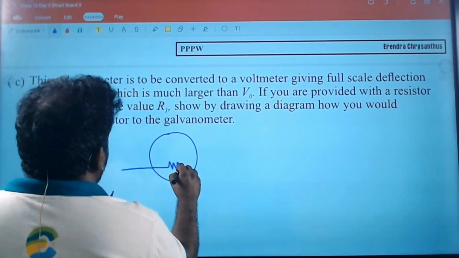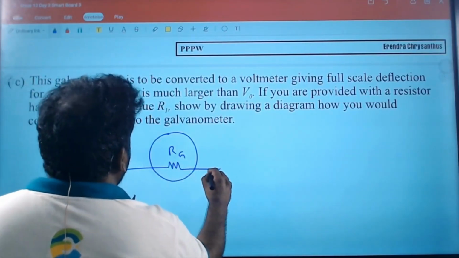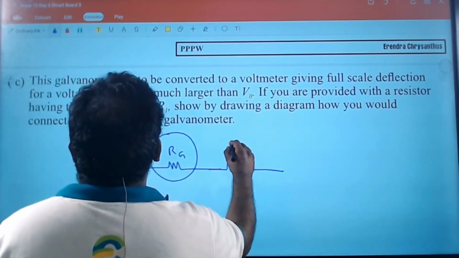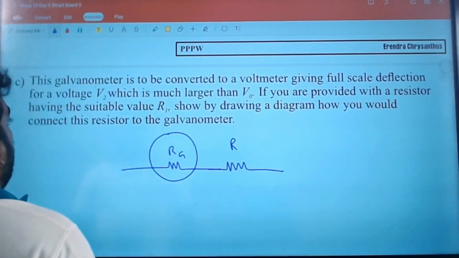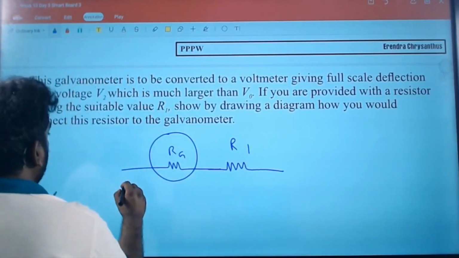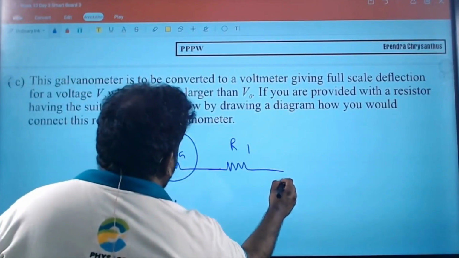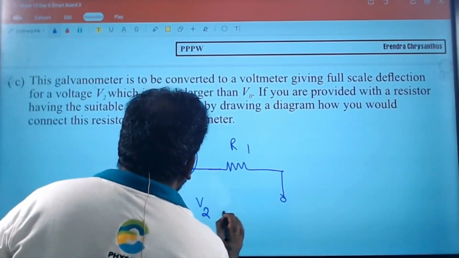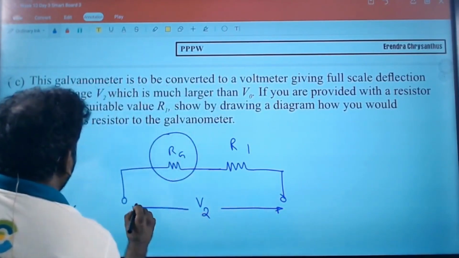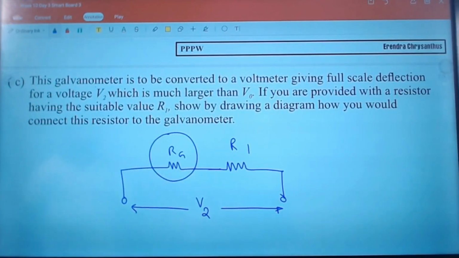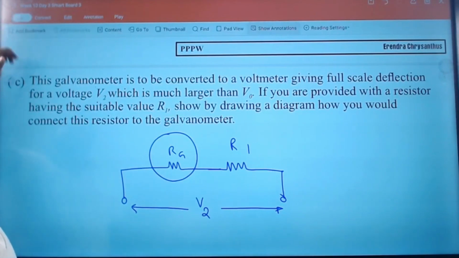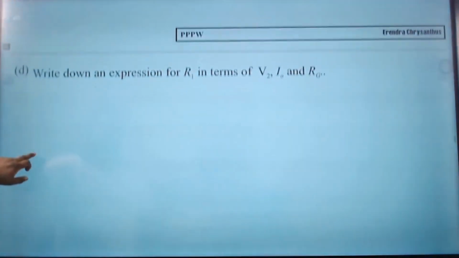The galvanometer is Rg. Connect another resistor R1 in series such that the terminals will give you a voltage V2. So you connect the shunt resistor in series.